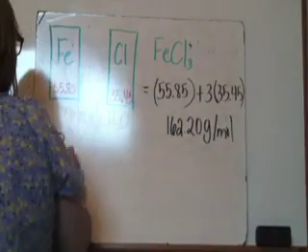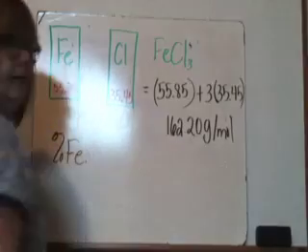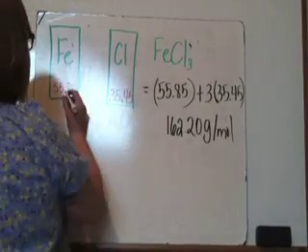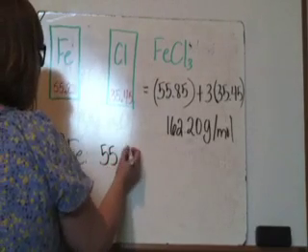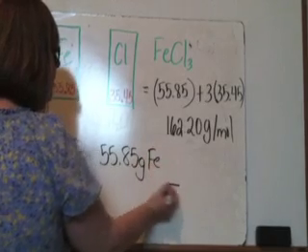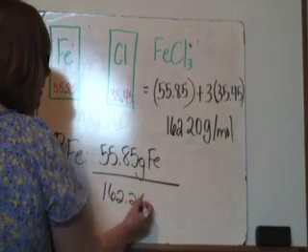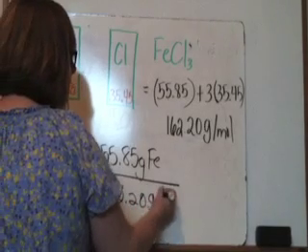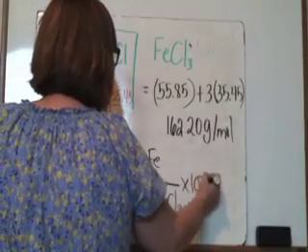Now, if we want the percent iron in that compound, how many grams of iron are in that total mass of 162.20? Well, we only have 1 iron, so it's going to be 55.85 grams of iron divided by the total of everything, the iron and the 3 chlorides, times 100.